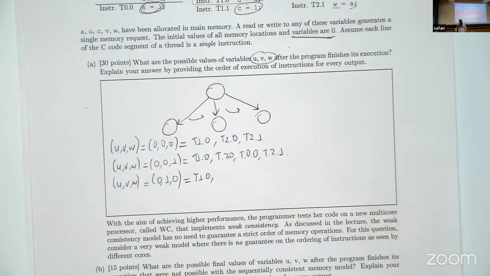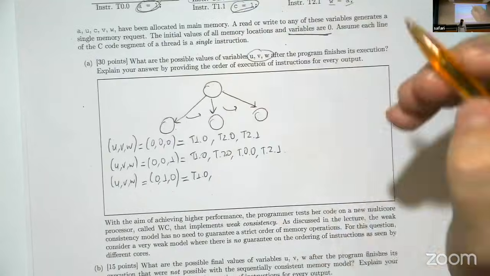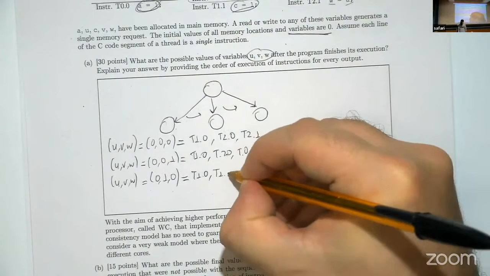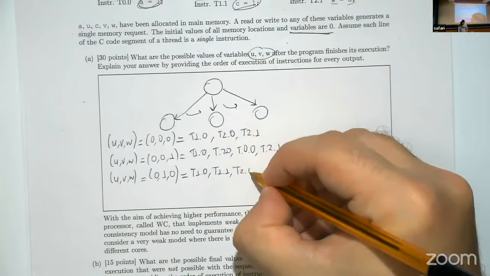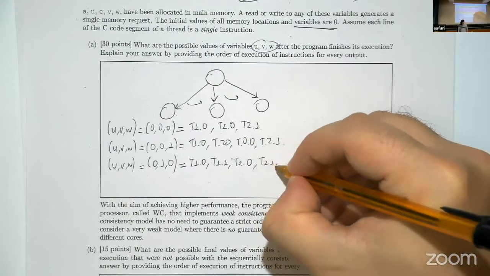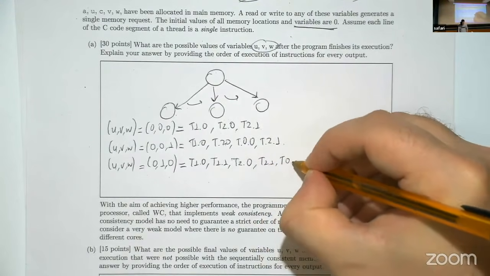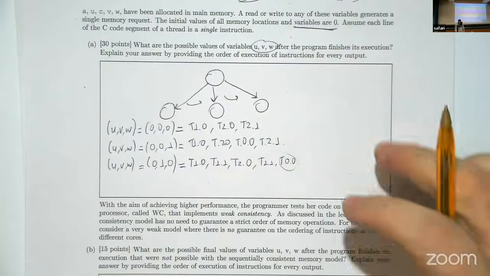And the only way that V is set to 1 is if you execute T1, 1. You need to set it to 1 and commit it. And then we execute T2, 0. And then we execute T2, 1. And then T0, 0. Even if you don't write T0, 0 here, it's fine.